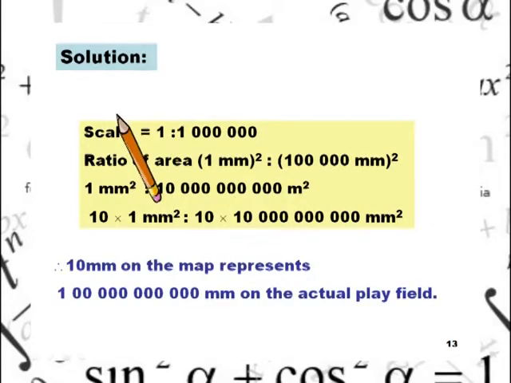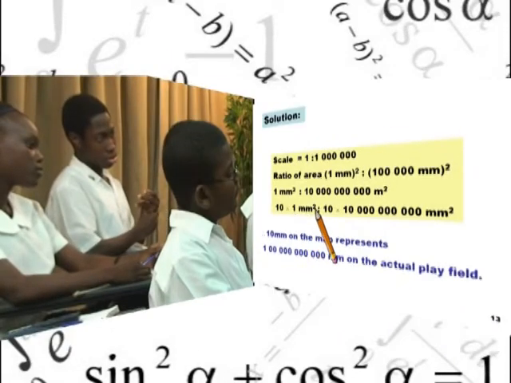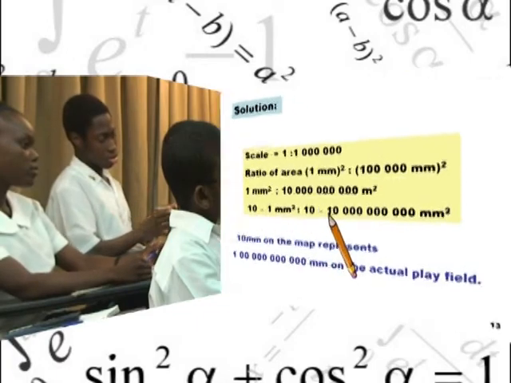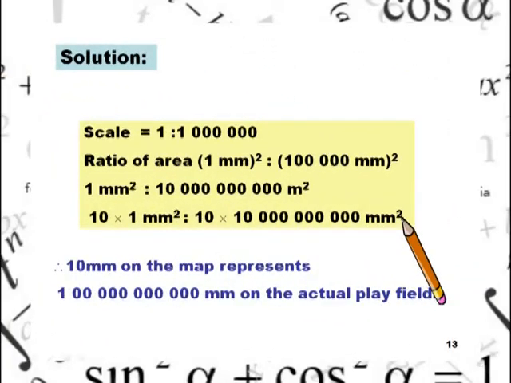Solution. Scale equals 1 to a million. Ratio of area 1 mm squared to 100,000 mm squared. 1 mm squared to 10 billion mm squared. 10 by 1 mm squared to 10 by 10 billion mm squared.